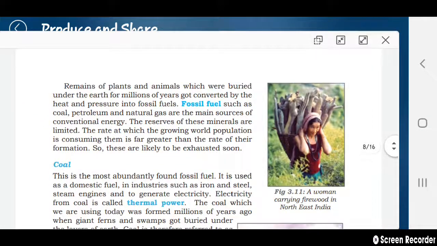The remains of plants and animals which were buried under the earth for millions of years got converted by heat and pressure into fossil fuels. Fossil fuels like coal, petroleum and natural gas are the main sources of conventional energy.